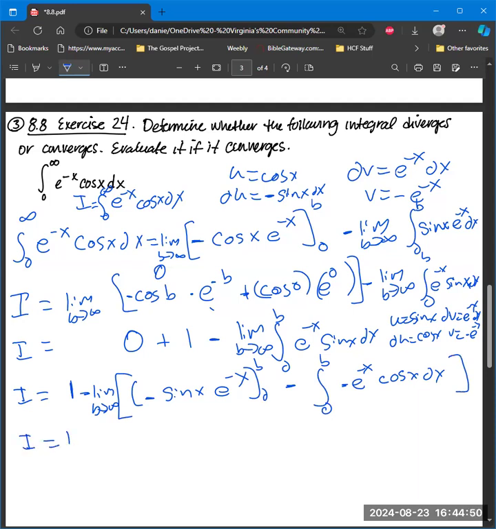I equals 1 minus a negative is plus, the limit as b goes to infinity of sine b e to the negative b minus sine of 0 e to the 0.